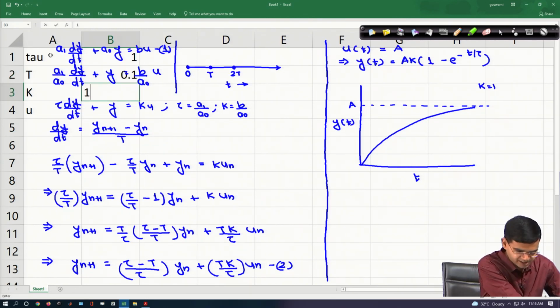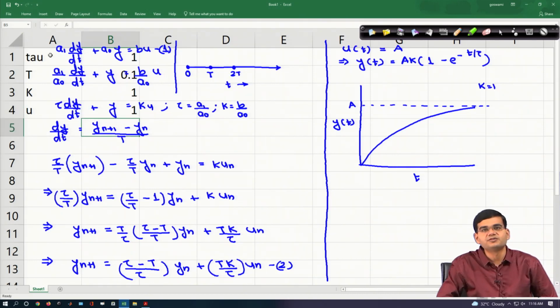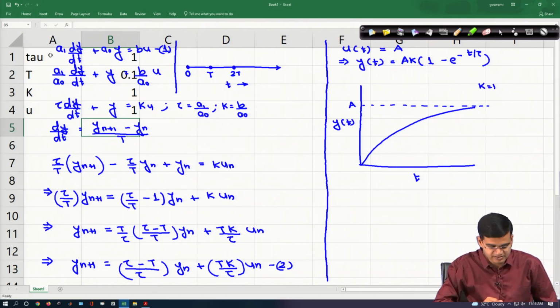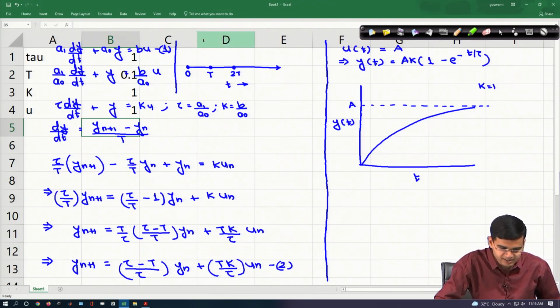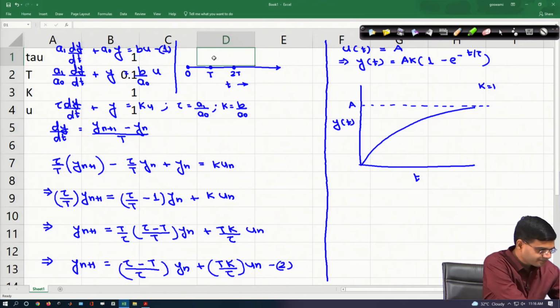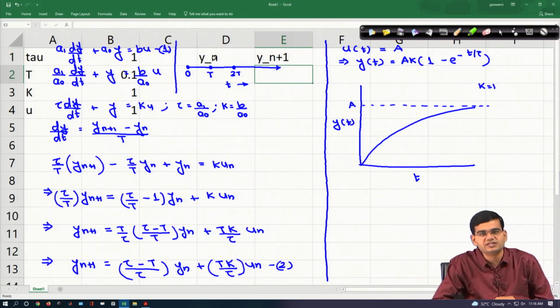Let us consider a unity gain and unit step input. Everything is 1. So, now what I have here is y n and y n plus 1. I will get rid of the text so that you can see it clearly.